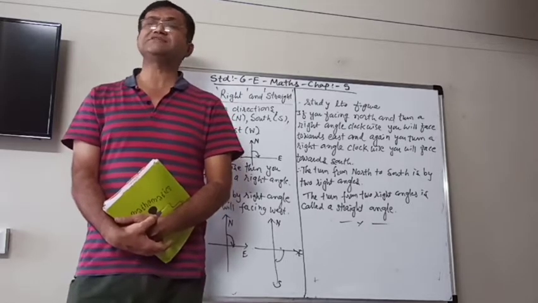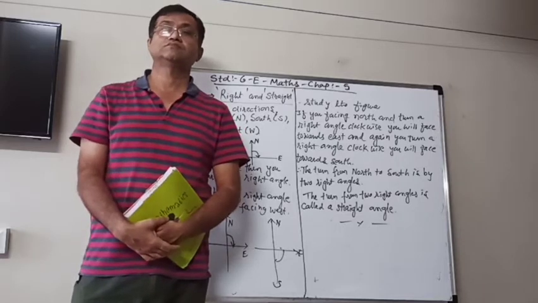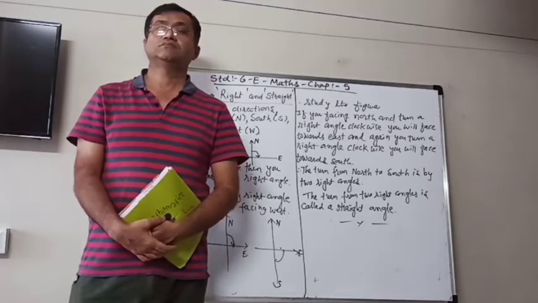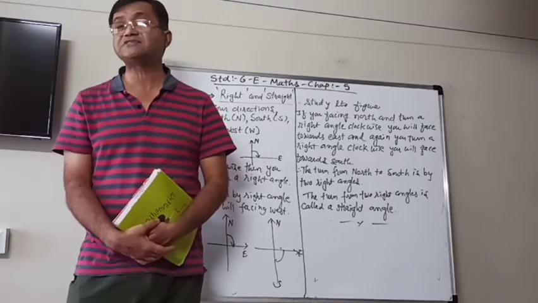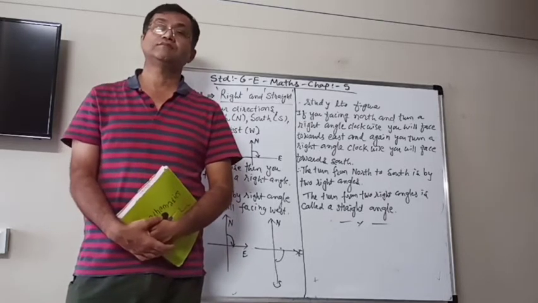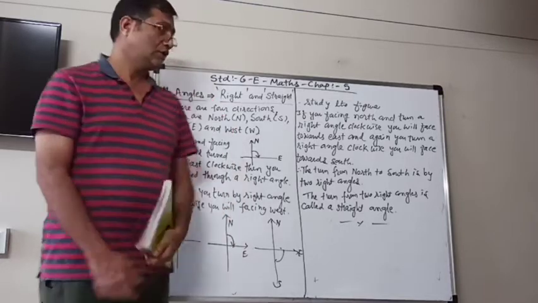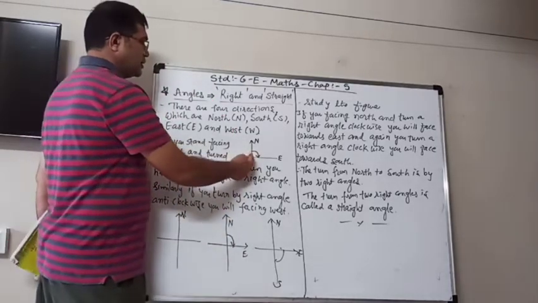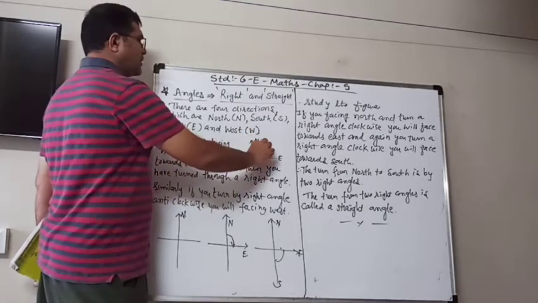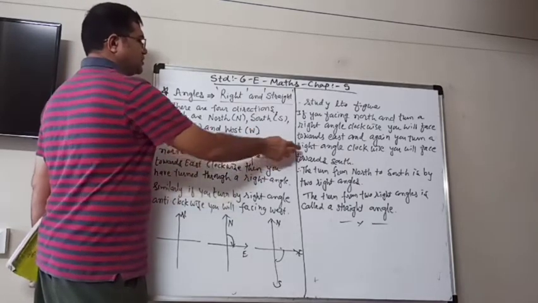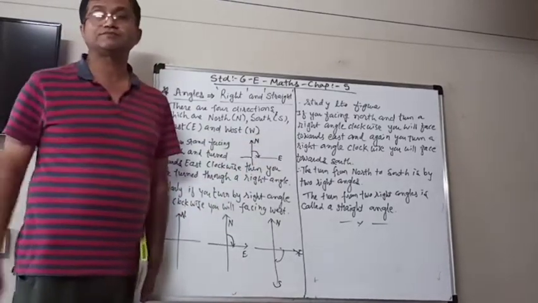Now consider that you are facing toward north and you turn in a clockwise direction towards east. Look here, if you are facing toward north and then turn clockwise towards east, you are facing towards east.